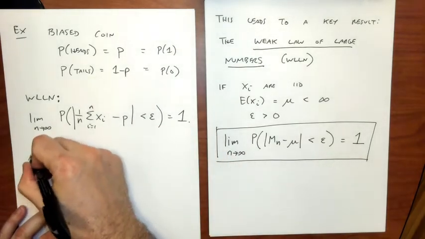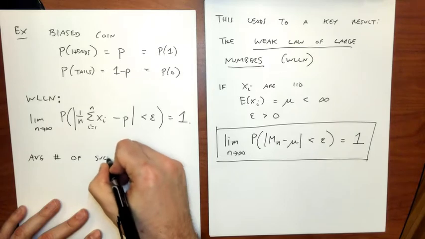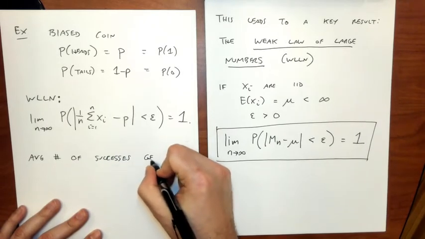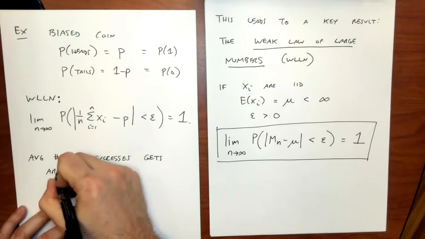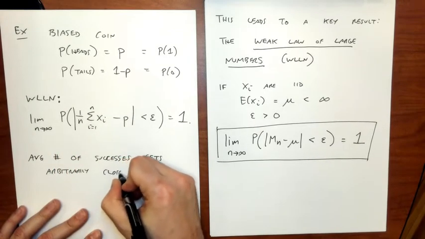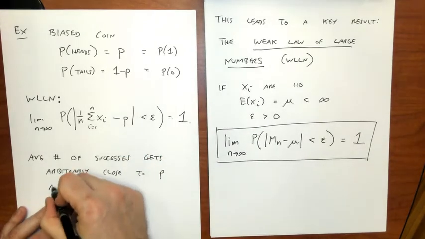So basically, it's just saying the average number of successes gets arbitrarily close to p as n gets very large.